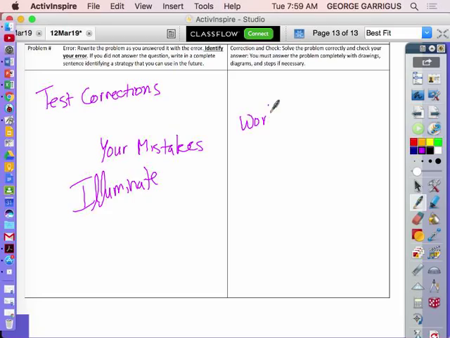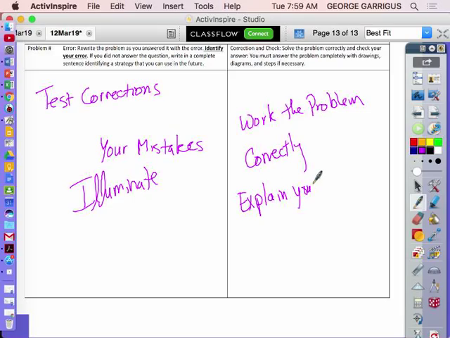Work the problem correctly and then explain your mistake. Two parts. That's why just putting B and D or B and C, that's not going to get you the credit.